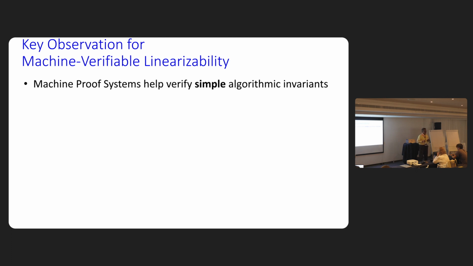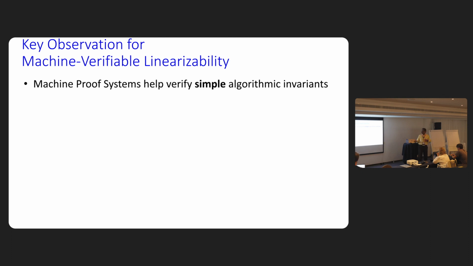It will say, yes, I agree that the algorithm you gave indeed satisfies the inductive invariant that you stated. Okay? So, that is what they are good at, and that is what we have at our disposal to use.